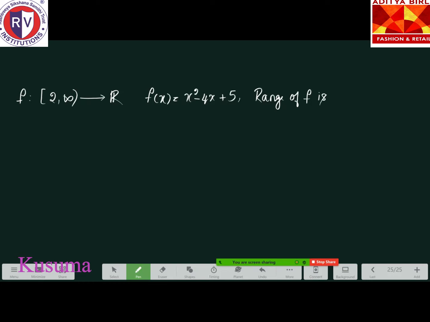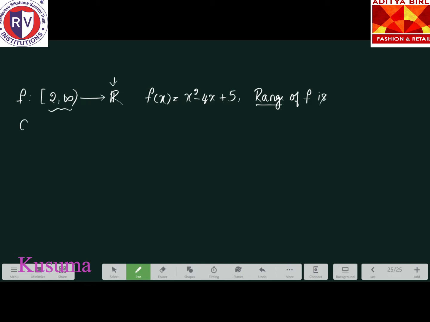We know the codomain. Codomain is R. But here we have to find out the range. That is, whenever x are given the values in between this interval, what are all the images we get? That forms the set range. Okay. What are all the images we get when we put these values to the given function? The values we will get form the range of the given function.